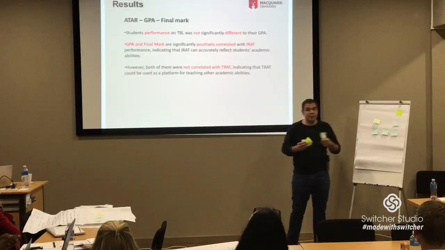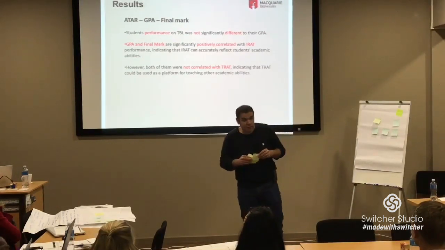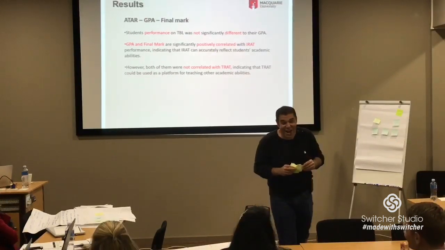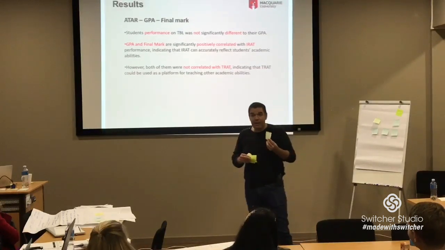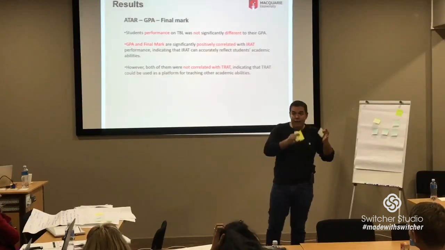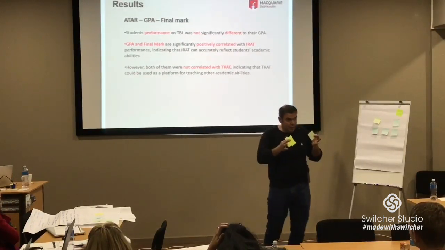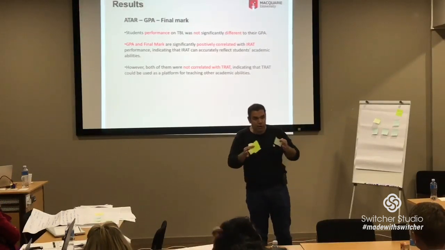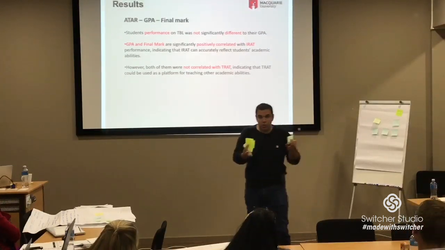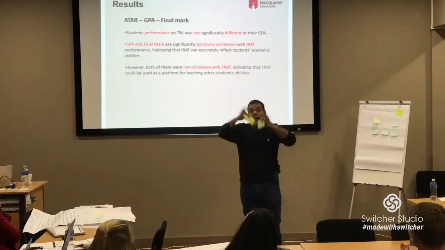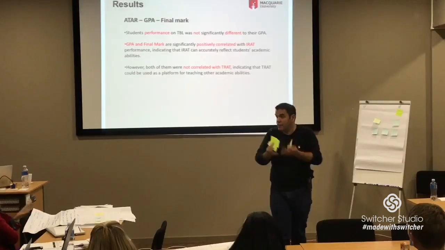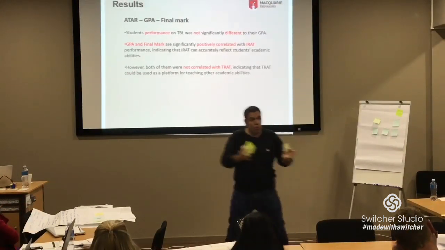How does assessment work in TBL? The answer is, you decide. But normally, as with everything, normally it's two things. Either you calculate the components of the TBL, IRATs, application, and so on, and you give an overall mark for the TBL activities, or you have an outside TBL task, like an essay or the exam, that simulates things that happen in the TBL, and you absorb the mark there.